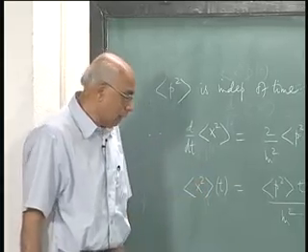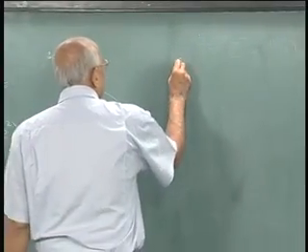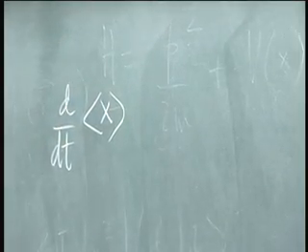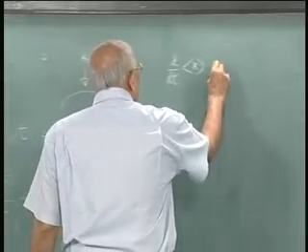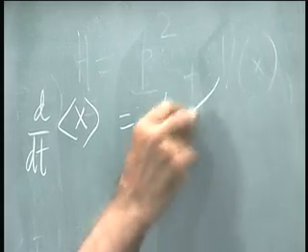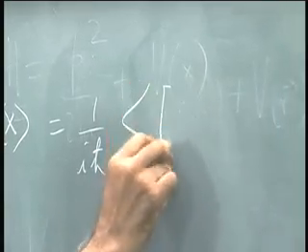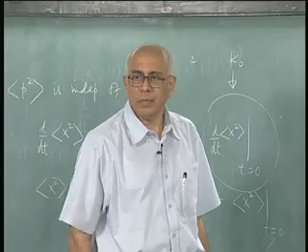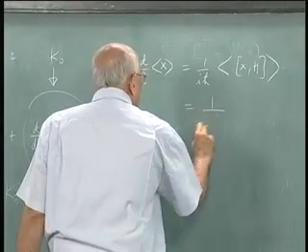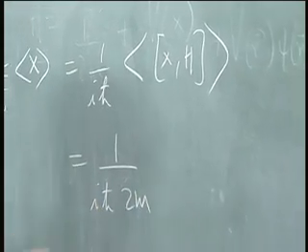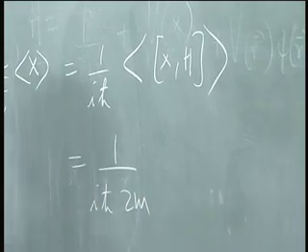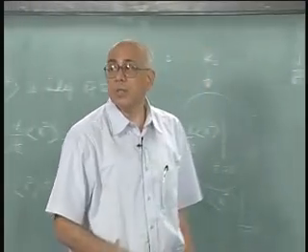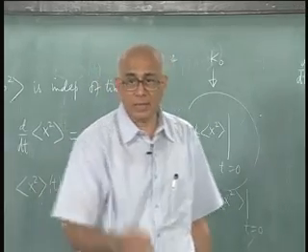And it looks like this, and it is trivial to ask what is x itself. So let us do d over dt of x average itself for a free particle. Once again, this is completely trivial. This is equal to 1 over iħ expectation value of the commutator of x with the Hamiltonian. Once again I use the Heisenberg equation of motion, and that is equal to 1 over iħ, and then there is a 2m, the Hamiltonian is p squared over 2m, so it is the expectation value of x with p squared, because there is no potential, and even if there were, this would cancel out in this particular case.